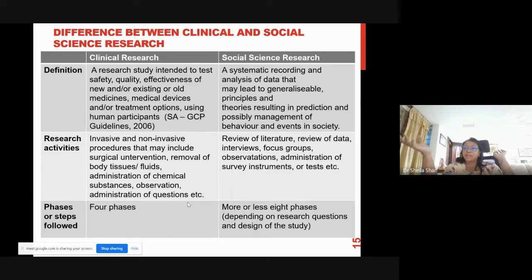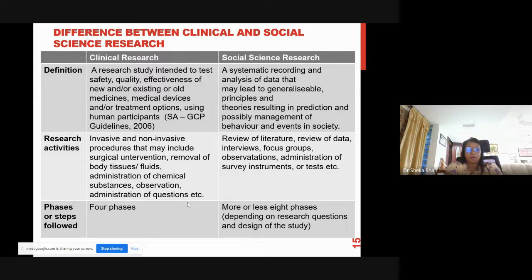But social sciences can be more on devices also. For example, does teaching online improve the performance of students? Here I'm looking at the process of teaching. But most of the time, your clinical research will be dealing with humans.